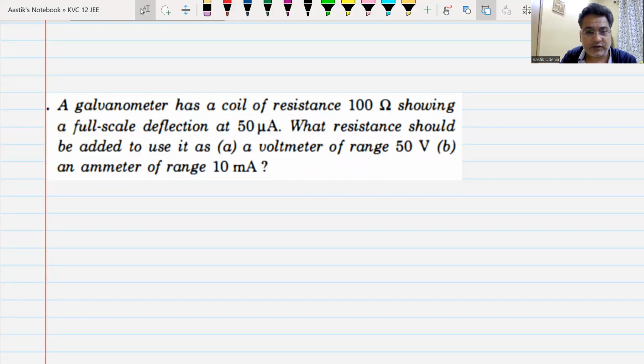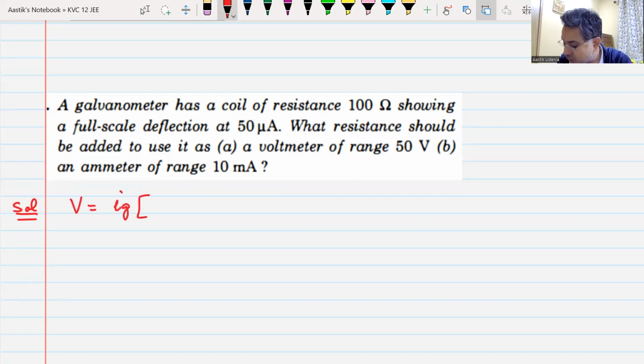So let me solve it for you. Voltmeter: the only equation that you must remember in a voltmeter is V equals Ig into (Rg plus R series). You just have to put the values, and you will get the answer.